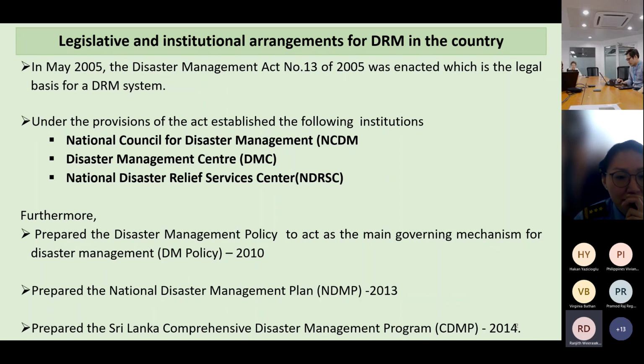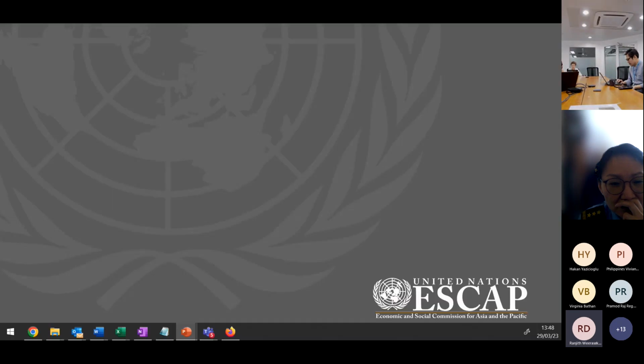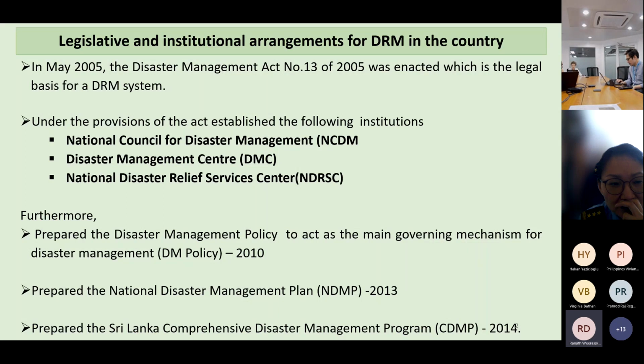The then government established a disaster management institution to coordinate the disaster management process. In addition, the government introduced a Disaster Management Act. Under this act, several institutions were established for the convenience of the disaster management process.